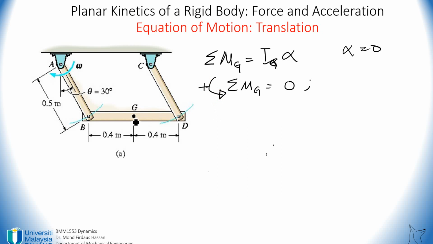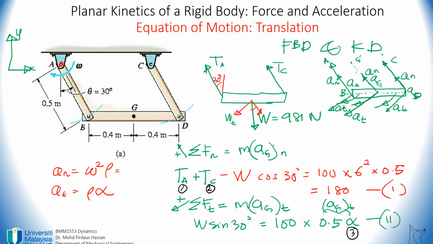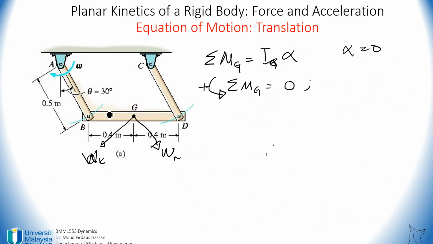All right. So we have what just now? We have Wn in normal, Wt in tangential. Okay, we have TA here, and then I have TC here, right?